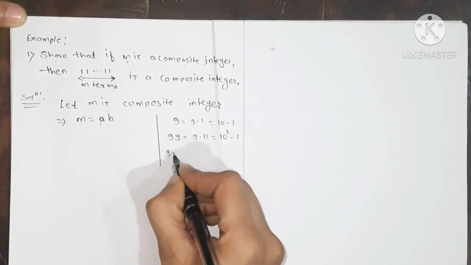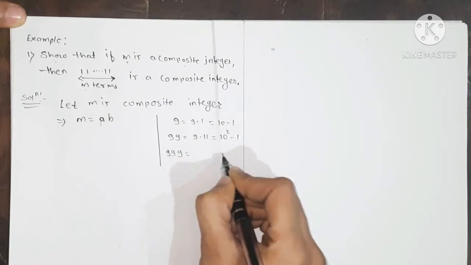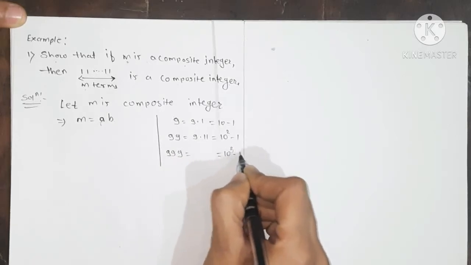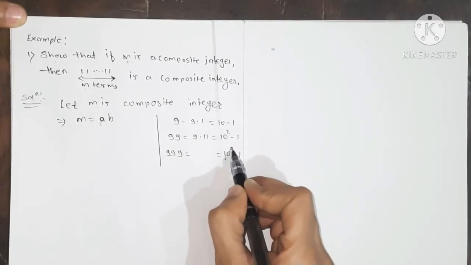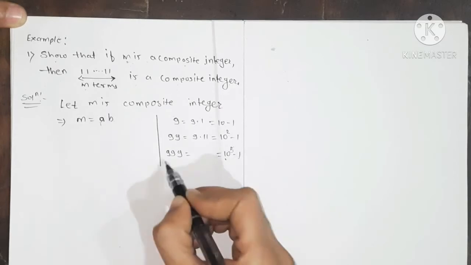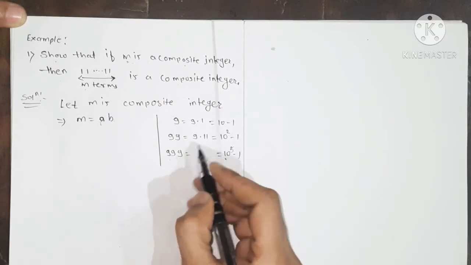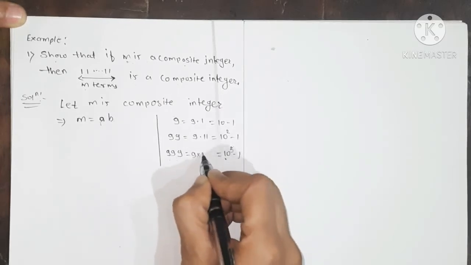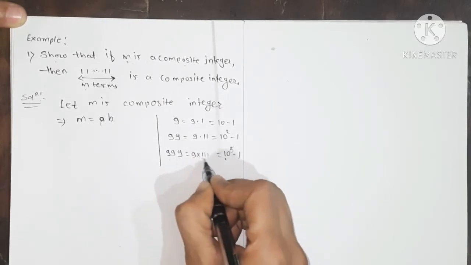Similarly, 999 is equal to 10 cube minus 1. 10 cube means 1000, and 1000 minus 1 is our 999. And this is 9 into 111.